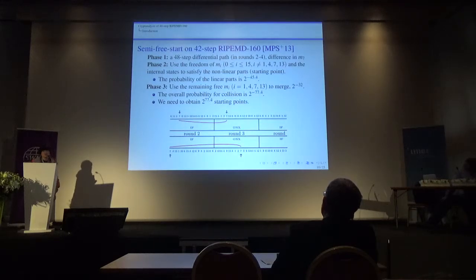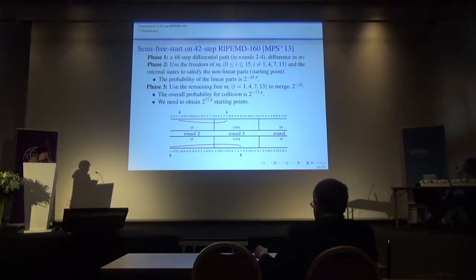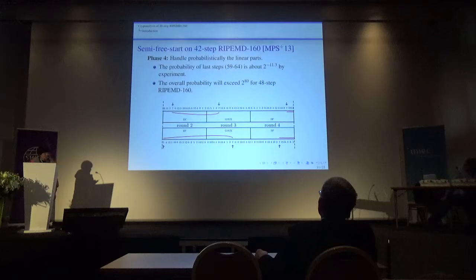That means to make sure the initial values of both branches are equal. From experiments, the probability of the last 6 steps is about 2 to the minus 11.3. So the overall probability will exceed 2 to the 80 for the 48-step hash function.